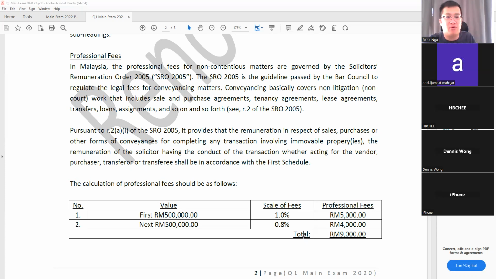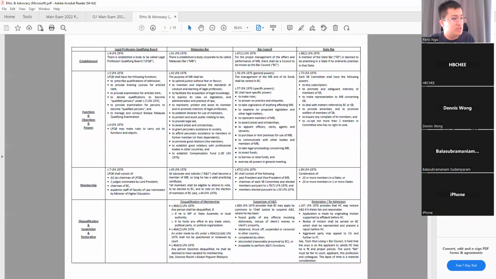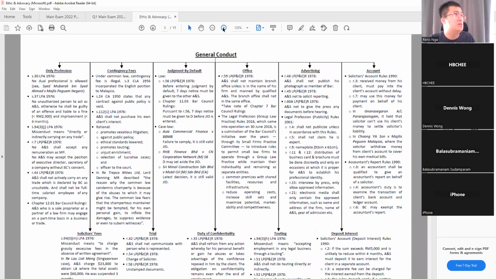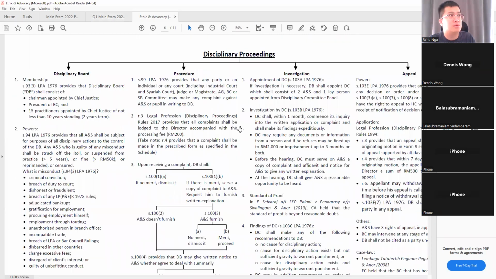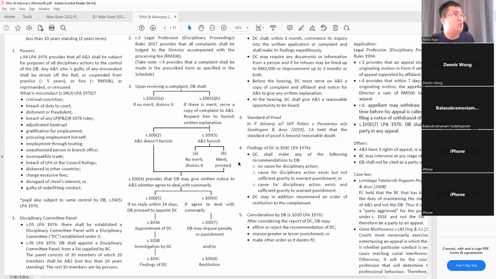It's not 1994, because I know some of the books are still using the old law. Actually, right now we have the new law already, which is the Legal Profession Disciplinary Proceedings Rules 2017. Warning in progress. Let me show you.